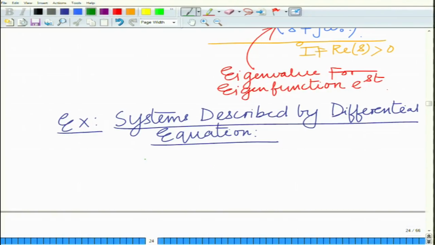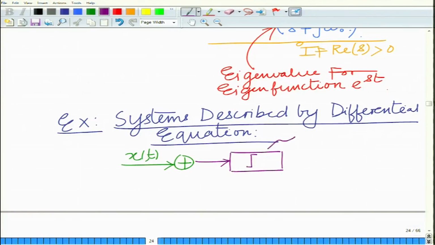For instance, consider this system, where let me draw a schematic of a system. So, this system has input x t, and I have an error signal, and this is an integrator.